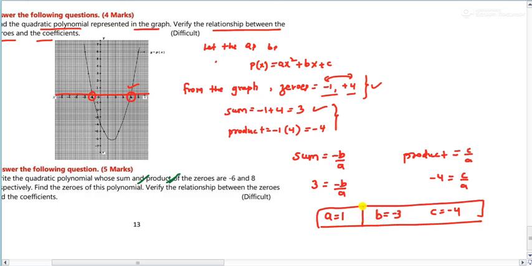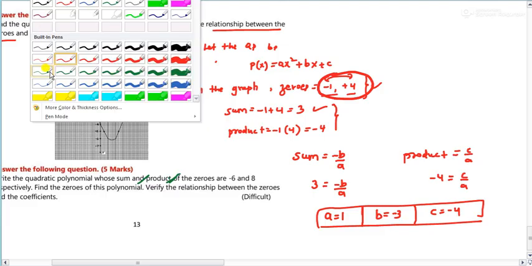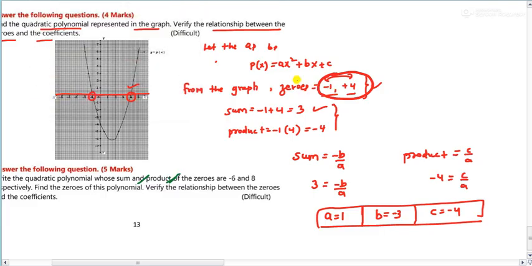See, what is the confusion? Whatever values you have got here, minus 1 and plus 4, some of the students will take them as this is a sum and this is product. That is wrong. These are the zeros. Means one is alpha, the other is beta.